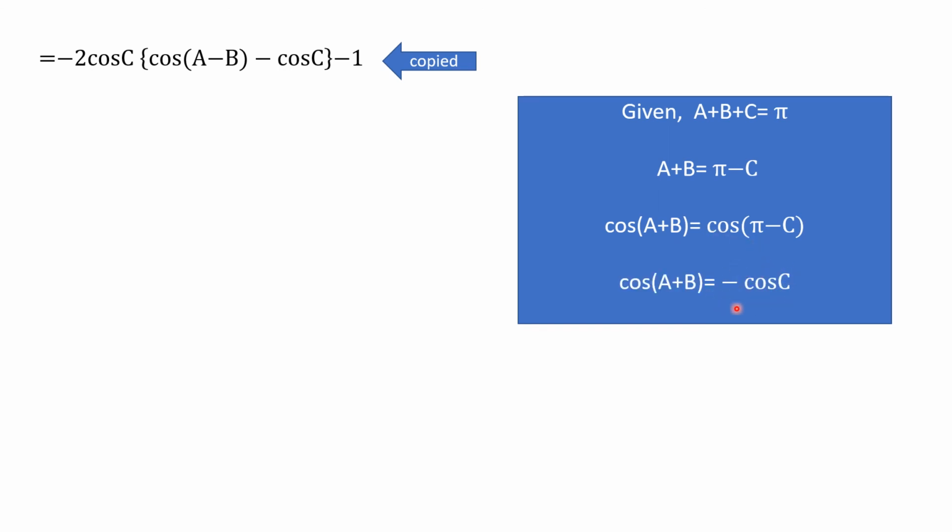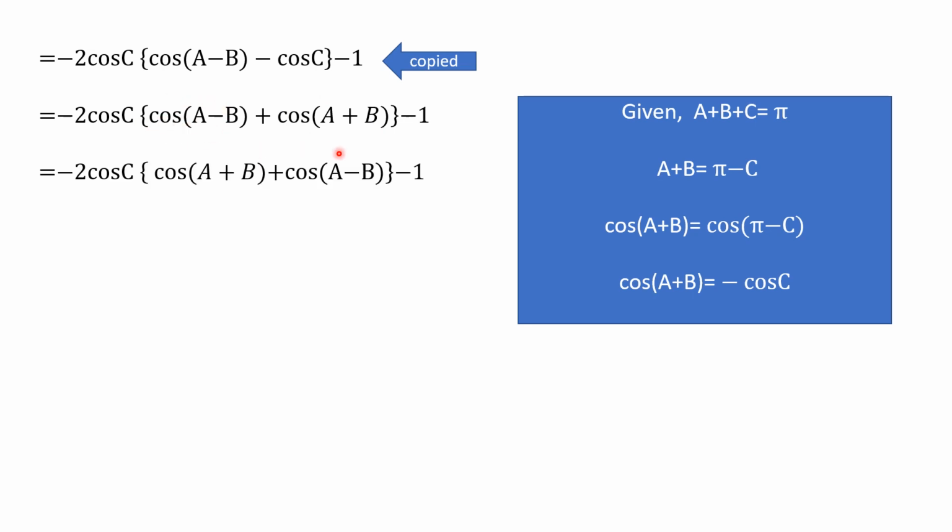So minus cos c is plus cos (a plus b). So here is minus cos c. We'll replace this by cos (a plus b). So we have replaced. Now we will just arrange this. We will bring this at front, and this we will take at back to get this line.